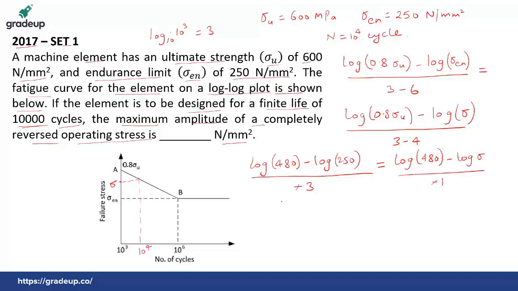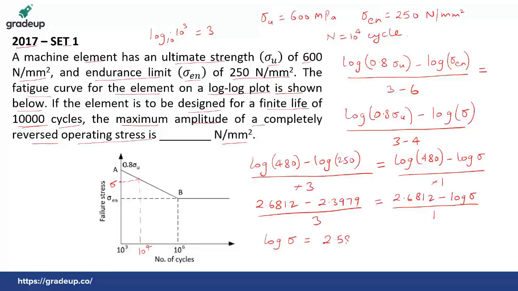The minus and minus cancel. Now substituting the values, we get 2.6812 minus 2.3979 upon 3 equal to 2.6812 minus log of sigma upon 1. On solving this, we get the value of log sigma equal to 2.5868.